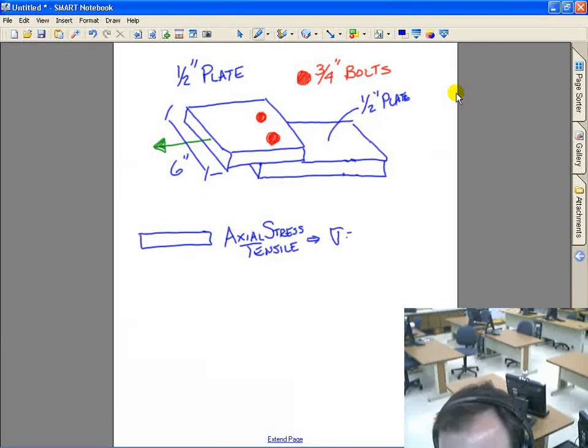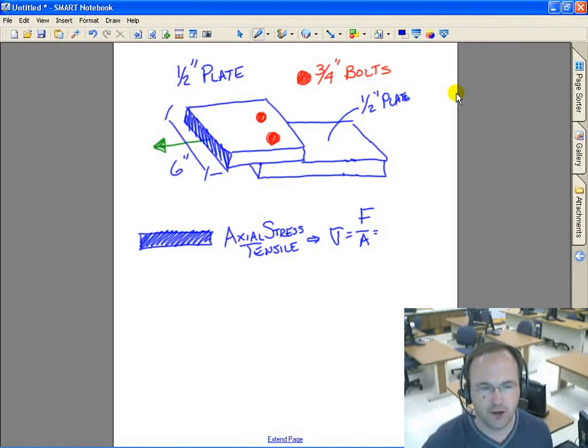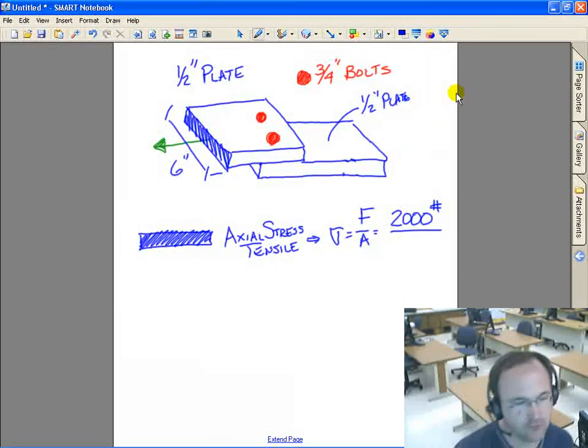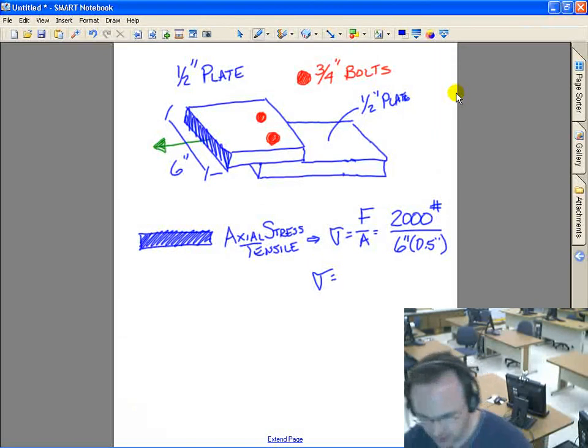And my tensile stress is going to be force over area. And we're going to look right at this point right here first, the end of the plate. Force over area, we have a force of 2,000 pounds divided by a cross-sectional area of 6 inches by 0.5 inches.